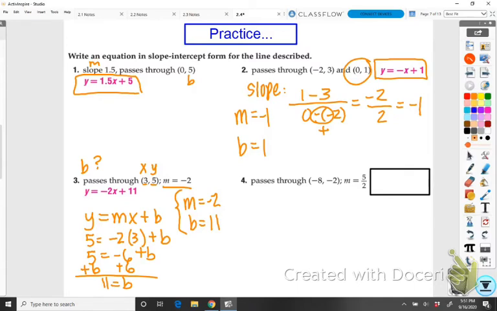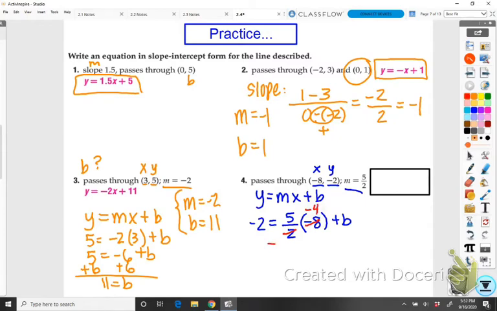And the last one on this page, same thing. This is x, this is y, this is m. So y = mx + b. y is a negative 2, m is 5/2, x is a negative 8, plus b. We're going to solve this for b. Some quick math here: 2 divides into negative 8, negative 4 times.